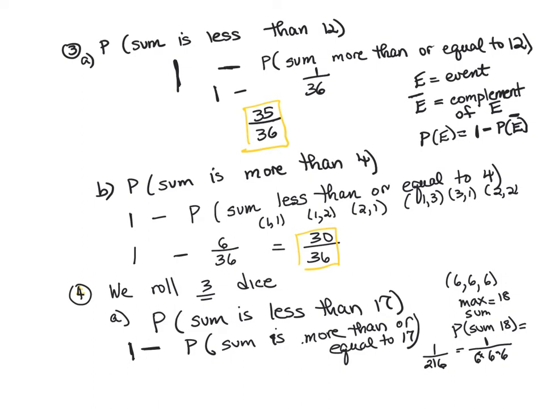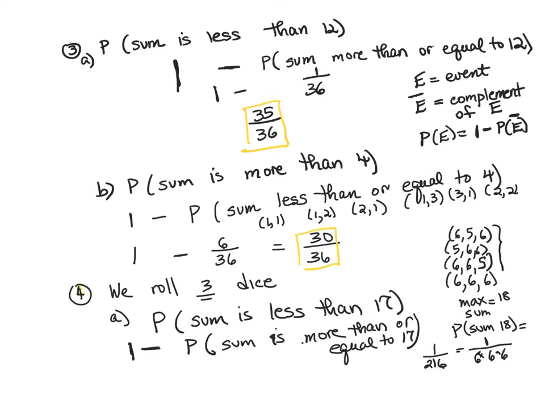Now, the outcome set for sum more than or equal to 17 is not so hard to list. Let's think about this. We've got 6,6,6. We've got 6,6,5. We've got 5,6,6, and we've got 6,5,6. And because we have to use a 6 and a 5, there aren't too many outcomes.